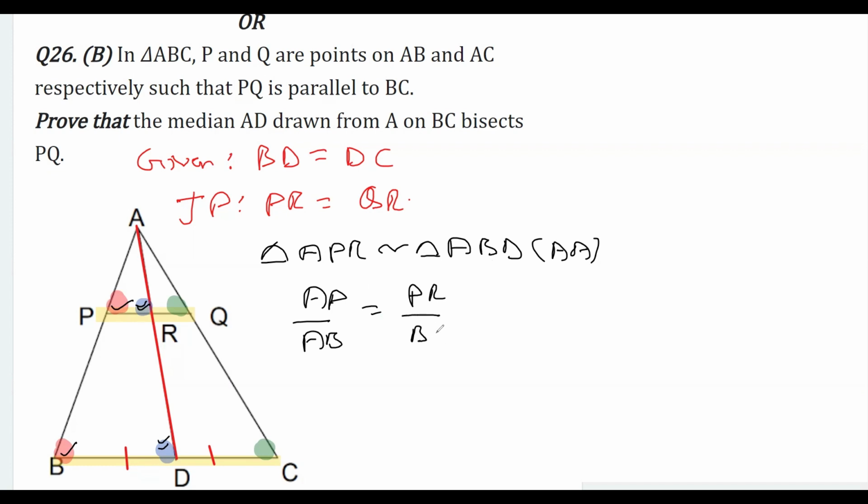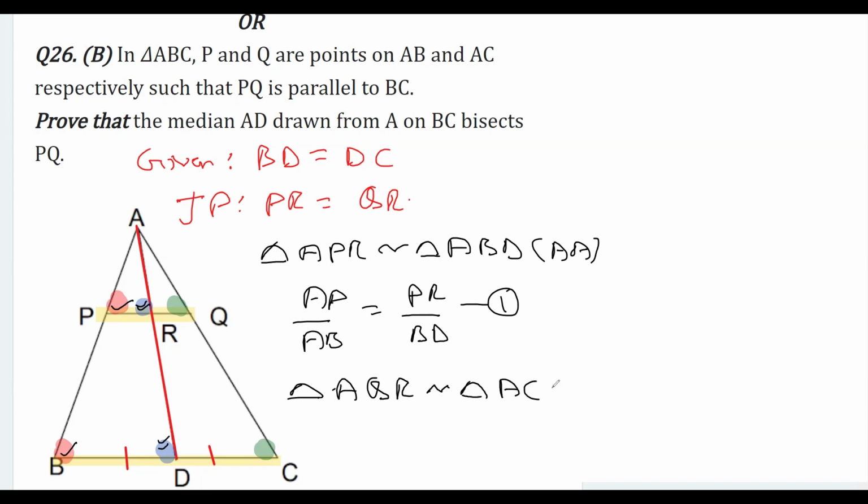And that is from the property of corresponding sides of similar triangles. We have one more triangle. I can prove this triangle similar to this whole triangle, that is triangle AQR is similar to triangle ACD.